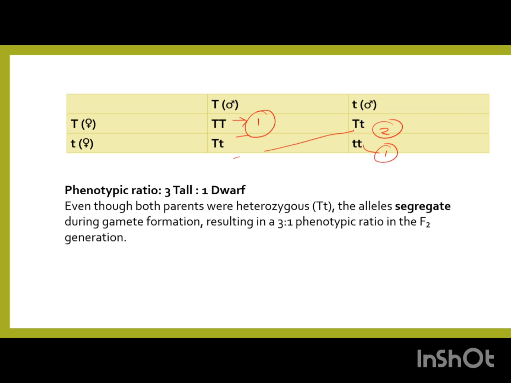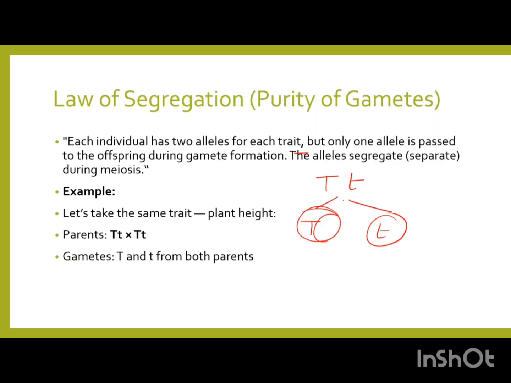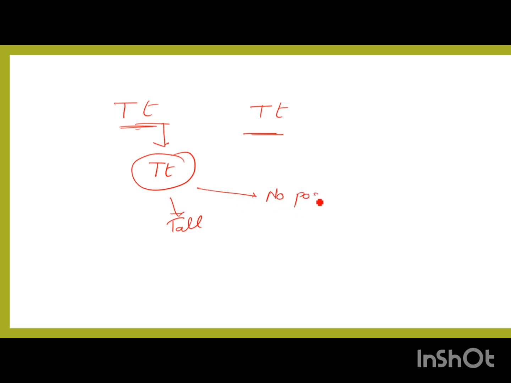Suppose the law of segregation does not exist. This is the square we have taken with capital T, small t. If capital T small t are the parents and there is no law of segregation, then what will happen? If they fuse, then there will be only one trait, that is capital T small t, which means tall. So we can say there is no possibility of getting a dwarfed plant.